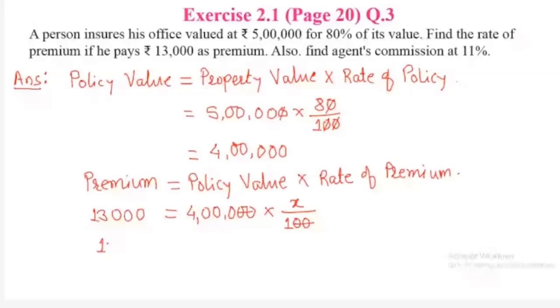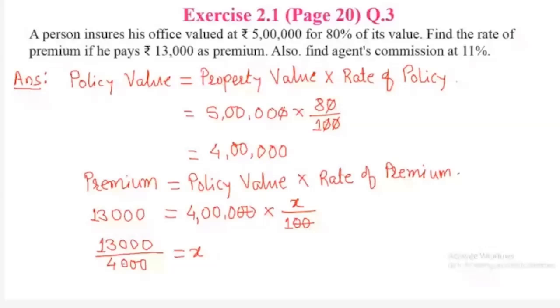So what is it? 13,000 divided by 4,000 is equal to X. Agreed? Harsh, it will be rate of premium beta. Rate of premium. Policy rate इतना छोटा नहीं आता है. Okay, no problem, no problem.